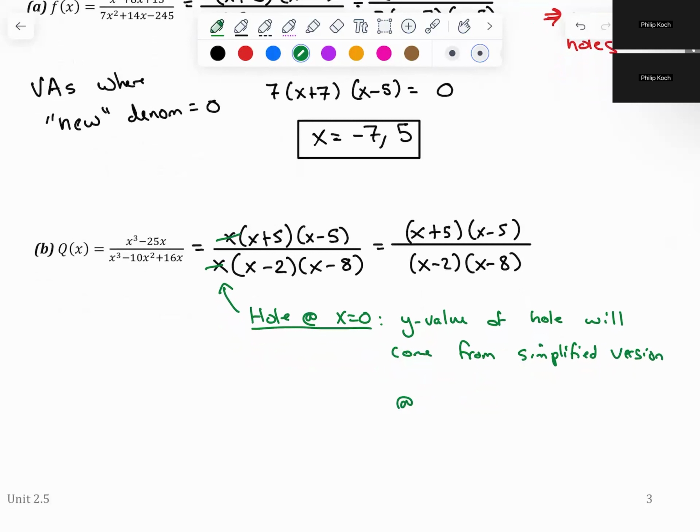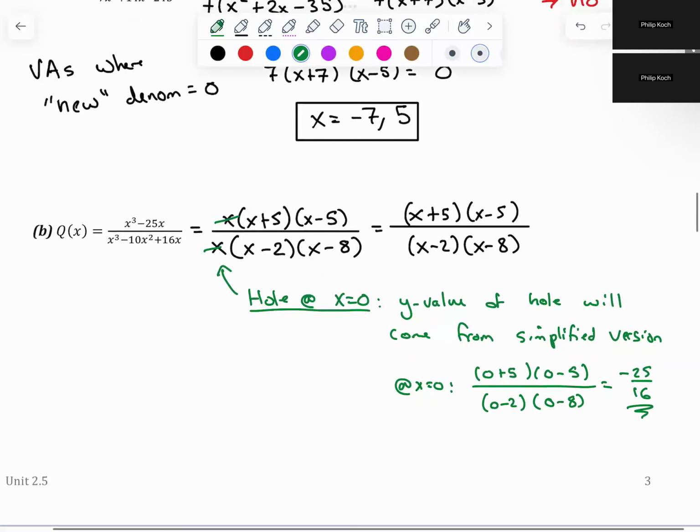That is to say, at x equals 0, we get (0 plus 5) times (0 minus 5) over (0 minus 2) times (0 minus 8), which is -25 over 16. So we have a hole. Oh, I wrote that very quickly, so I'm going to take a second.